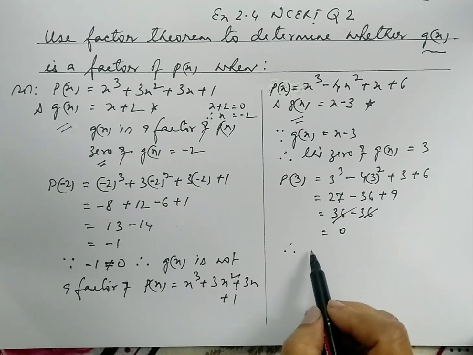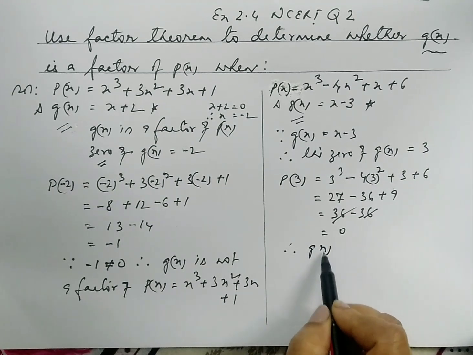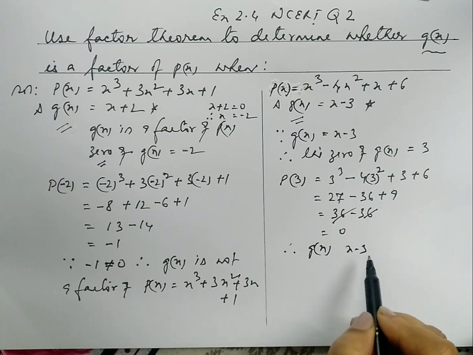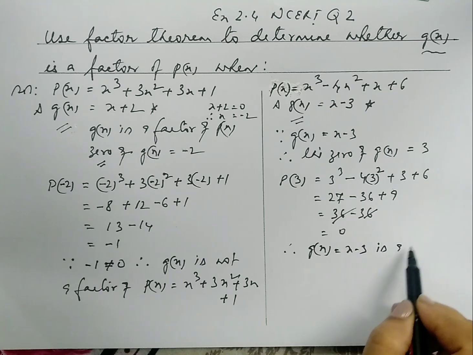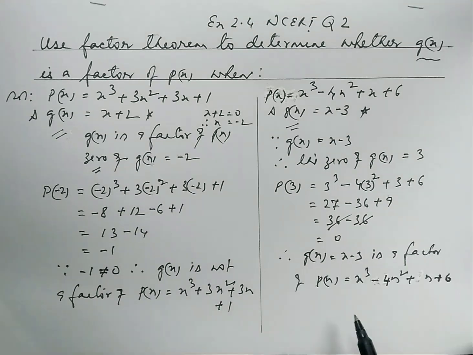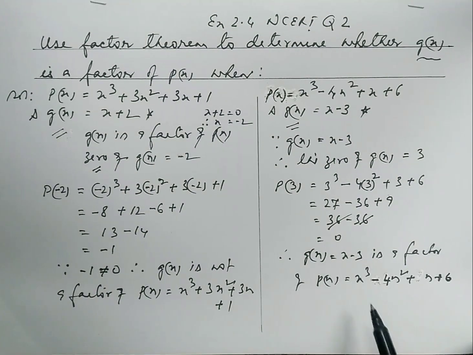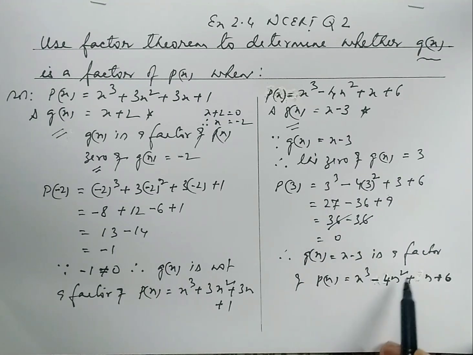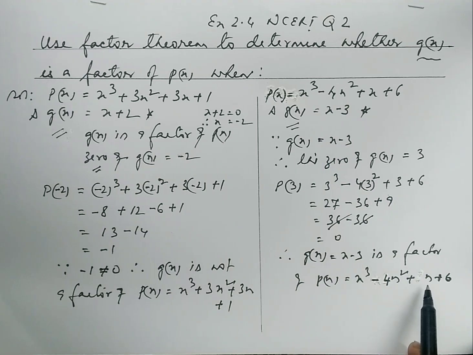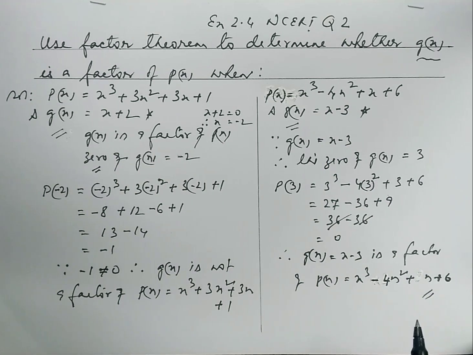Therefore, we can say that g(x) = x minus 3 is a factor of the main polynomial, which is equal to x cubed minus 4x squared plus x plus 6. Alright guys, so it is as simple as this.